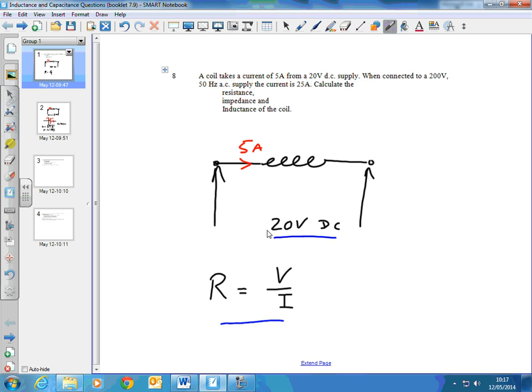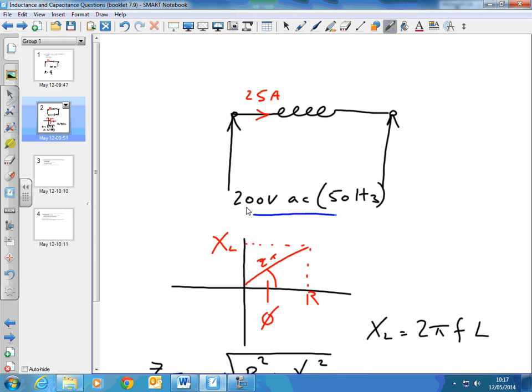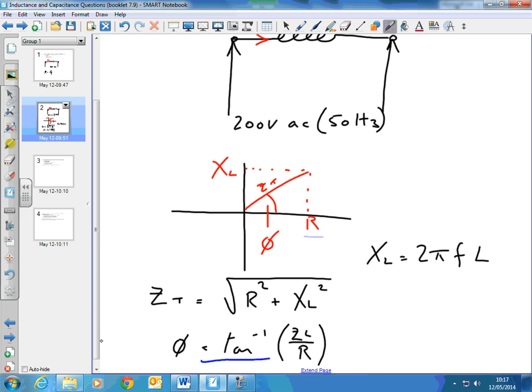Then once we've got that, we can plug it into an AC supply, find the total impedance of the coil with a current of 25 amps flowing through it, and then using the idea of the impedance or the reactance due to the inductor and the resistance acting at right angles to each other, we can use Pythagoras and the tangent function to find the impedance XL. So have a go at this, pause the video at this point, try it, and then I'll go through the solution.